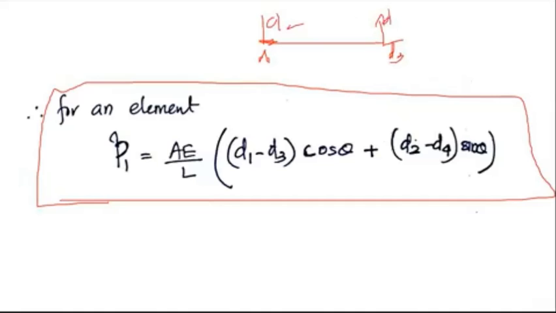You will get the D1, D2, D3, D4 values whenever you solve kg into D is equal to P. From that, you may get some values of D as 0, because some of these will be arrested. There will be some supports and some will be arrested. So some values of D will be 0, and the remaining values you have to substitute and find the values of element forces. The axial force in the element can be found.